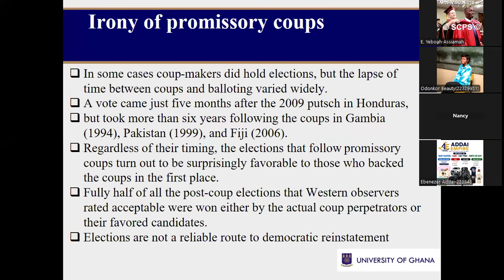Now, in many situations, elections may be conducted, but at a very late time, too late. In situations where coup makers go by their promise to return the country, they make sure that the people they value, the people who supported or hailed the regime, even if there's going to be an election, the coup people or the military junta may support those who were in support of the military regime.